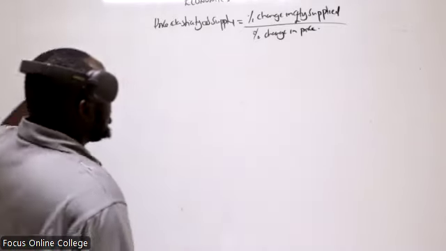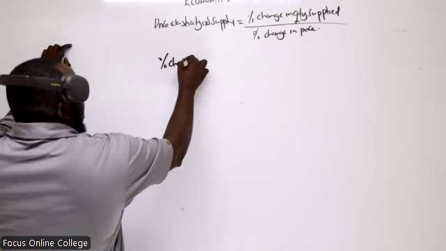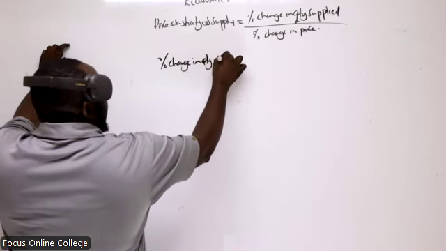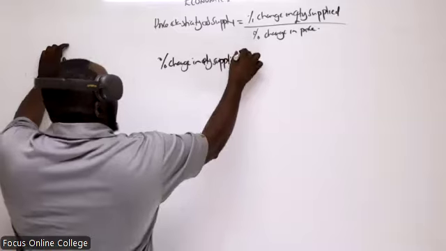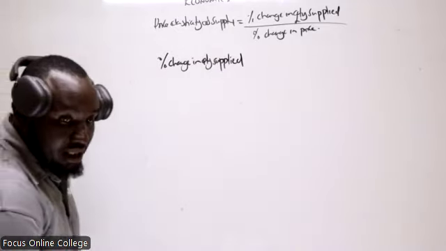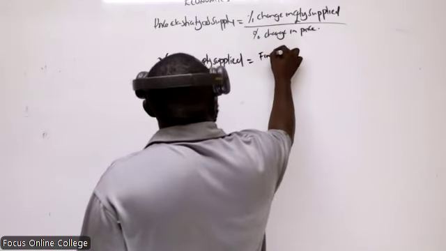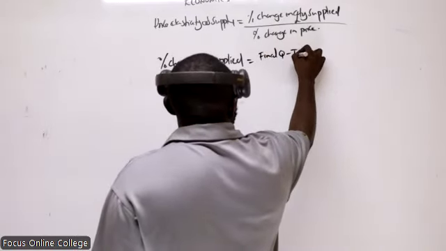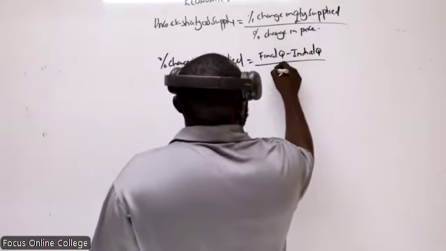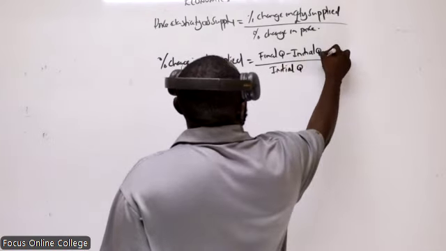How do I get percentage change? The percentage change in quantity supplied is the final Q minus initial Q, over the initial or original Q, times 100%.